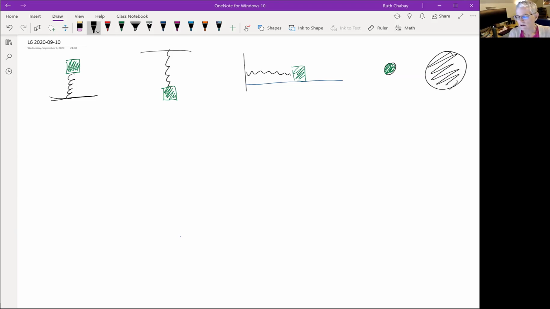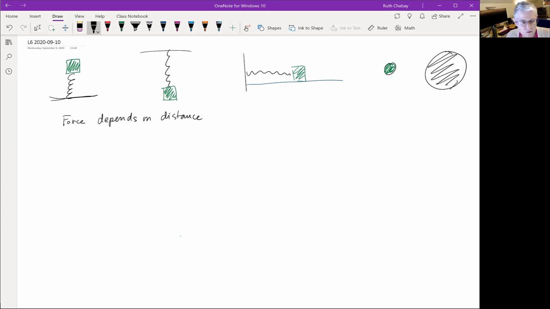And in all these cases, there are two things to keep in mind. One is that the force is not constant because it depends on distance. In the case of the spring, how much the spring is stretched or compressed. And in the case of gravitation, how far apart these two objects are, the center to center distance.